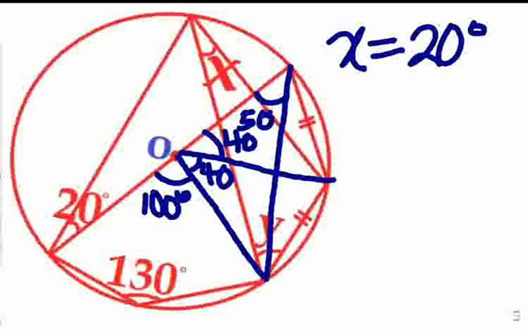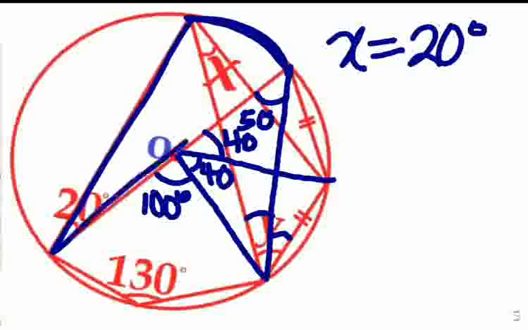How do we get the value for angle y? If you notice very well, angle y is the sum of these two small angles. Let's get this first one. Can you see this arc? This arc goes on to subtend an angle of 20 degrees on the circumference here.